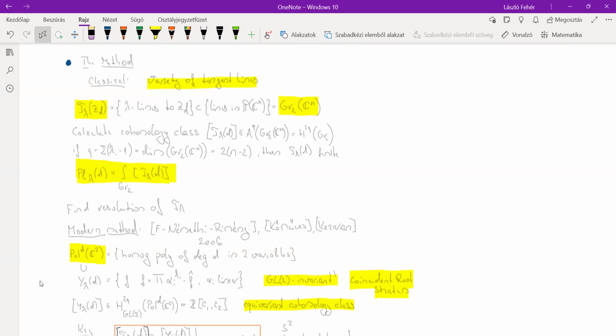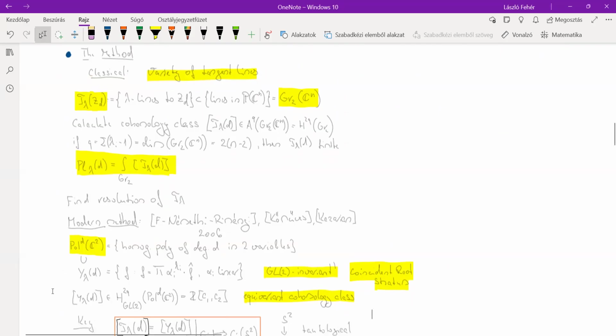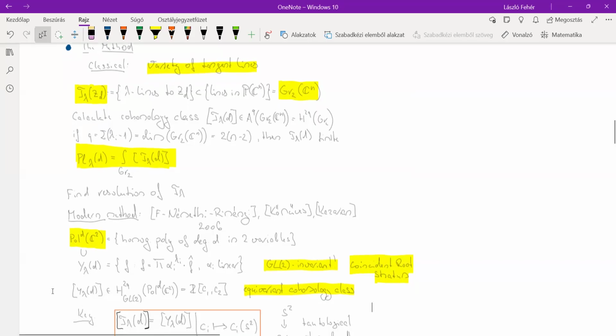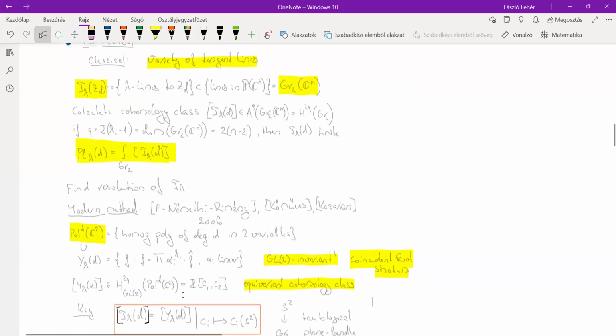Okay, so if I have a GL2-invariant variety of my representation, so GL2 acts on everything here by reparameterization of the variables, then we can assign an equivariant cohomology class to this variety, which is a polynomial in the variables c1 and c2.